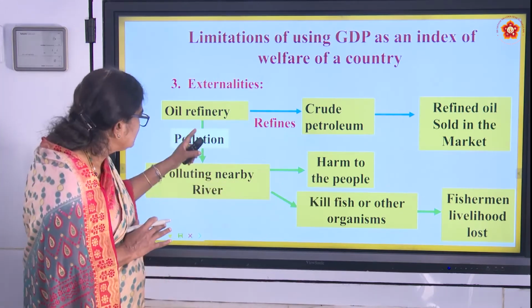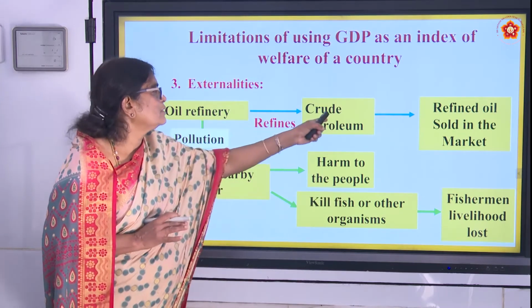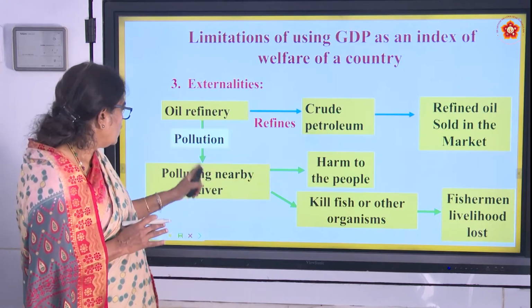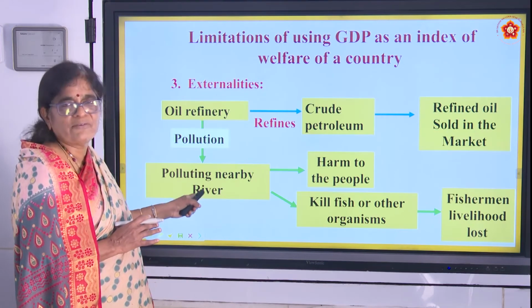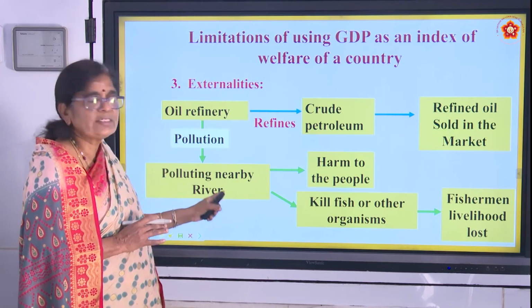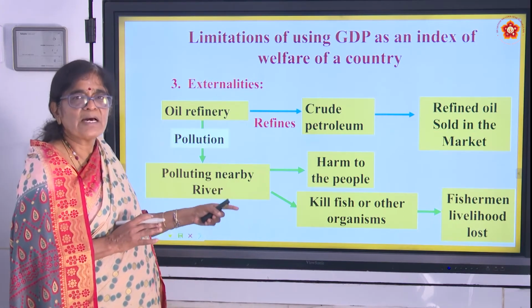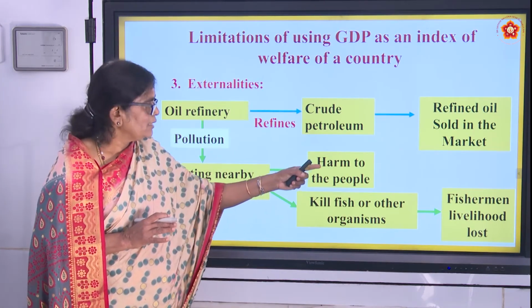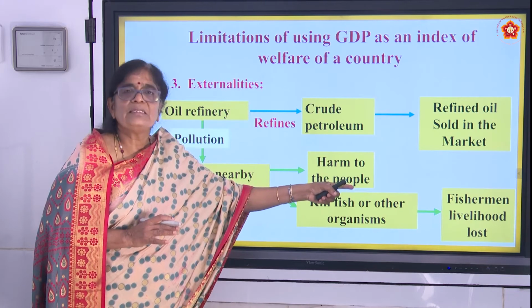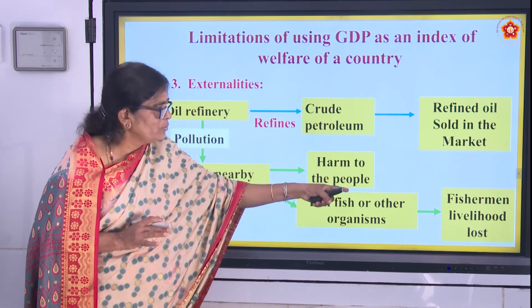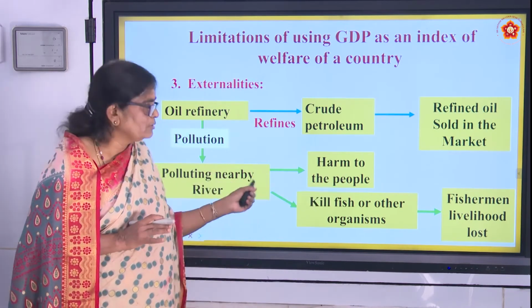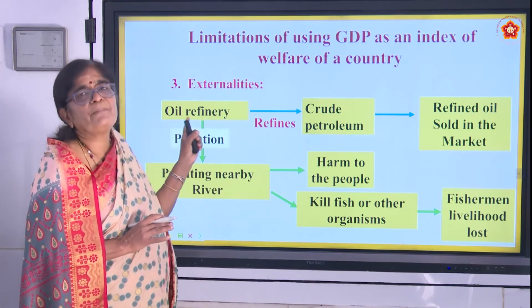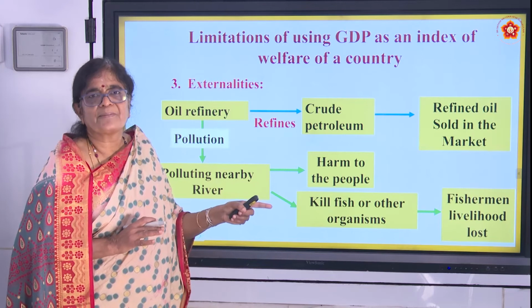But these industries only concentrate on refining oil and selling it in the market. Nobody bothers how this pollution affects the environment, the aquatic animals and plants, the people who drink the water, or the fishermen who depend on the river for their livelihood. For this damage, the oil refinery never pays any penalty.